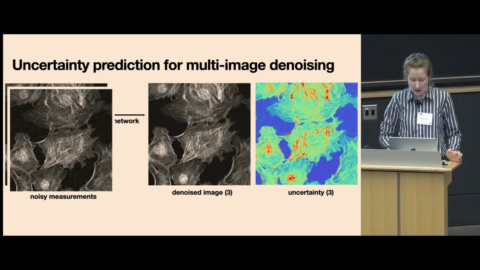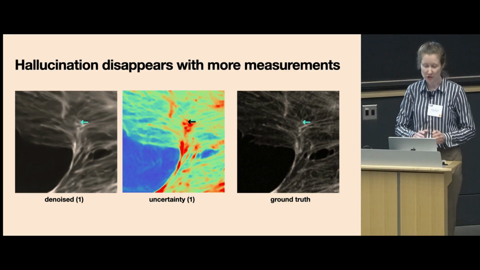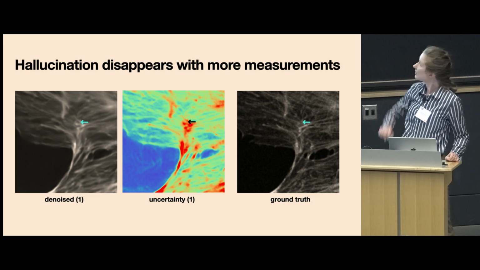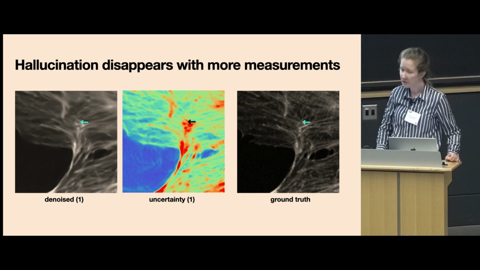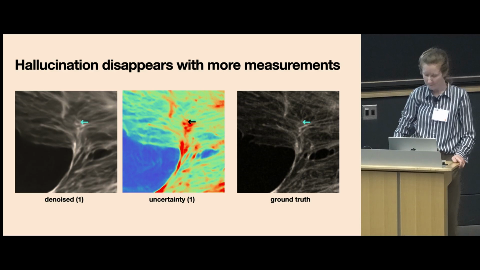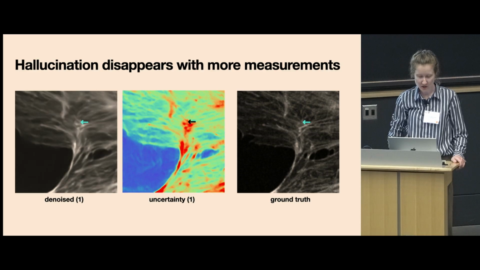Here we're going to zoom in to one region where, in the first denoised result, there's actually an artifact. So there's this little loop that appears. And in our uncertainty, this is labeled as a high uncertainty region, and the loop is not present in the ground truth. However, as we add more measurements, this loop will actually disappear.